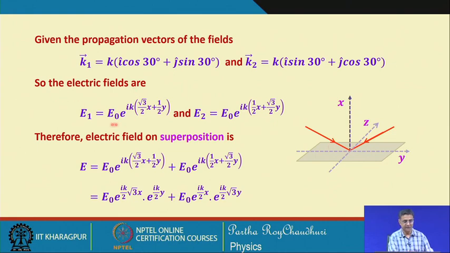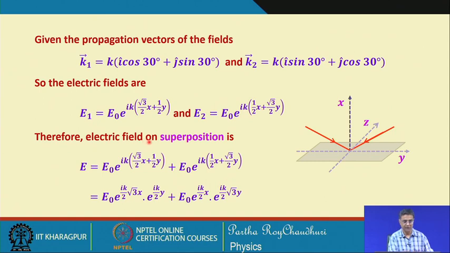Then the electric fields: E 1 will be E 0 e to the power of i this phase factor, and for E 2 this will be the phase factor. We have just replaced the cosine 30 degrees and sin 30 degrees in terms of the numerical values. Here E 2 also we have replaced in terms of the numerical values.